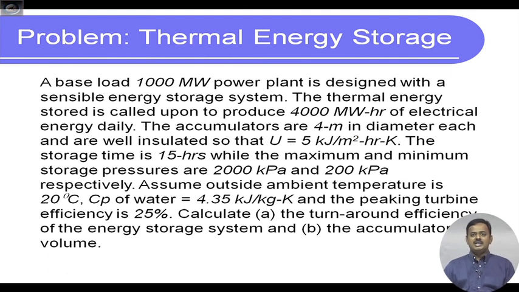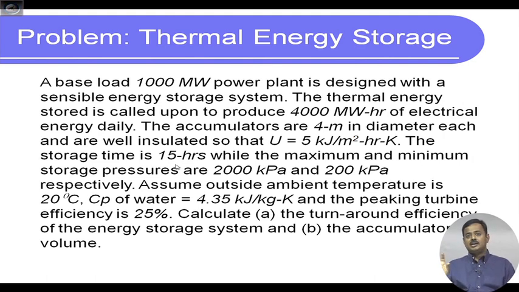Next, it is stored at 2000 kilopascals and the corresponding saturated temperature, which turns out to be 212 degrees centigrade. But as it is stored, it loses heat, because the outside temperature is 25 degrees centigrade. And how long is it stored? It is stored for 15 hours.